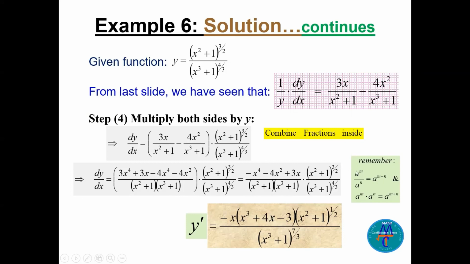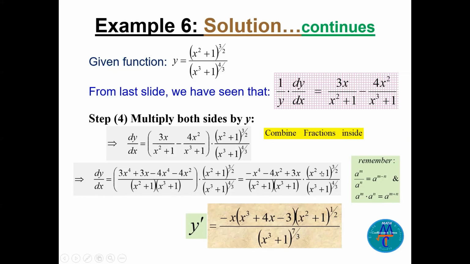And this one you can use, let's look here, x cubed plus 1, see, to the power 1, x cubed plus 1. So you can add the powers here. I put the rule here from the algebra. A to the power m times a to the power n, you add the powers here. So this is x cubed plus 1, that's a. And that's also a, x cubed plus 1. Add the power here, 1 and 4 over 3. Becomes here 7 over 3.